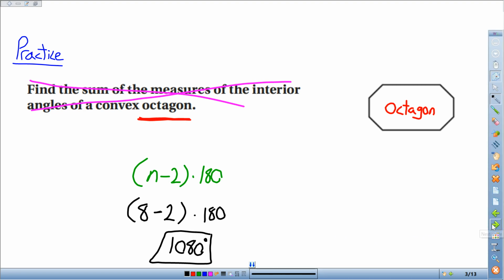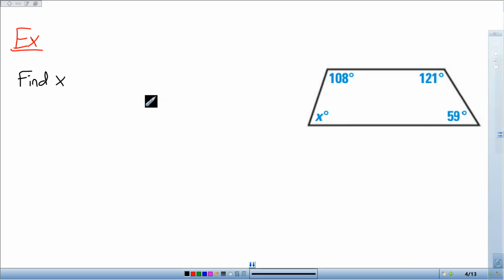Okay, cool. So with that, let's use the same formula to find the missing angles, or to solve for x on some other polygons. Go ahead and copy this. First, they're asking us to find x, and the first thing I realize is we have a quadrilateral in front of us.